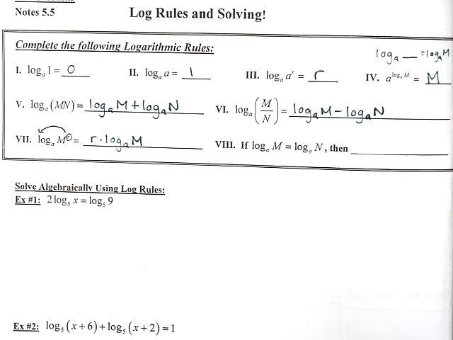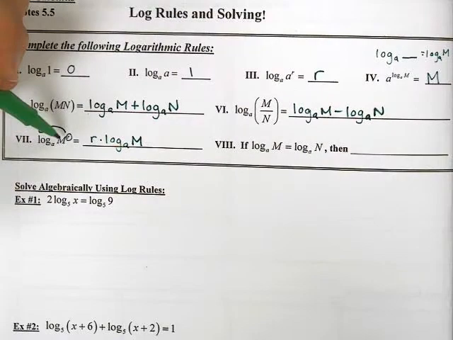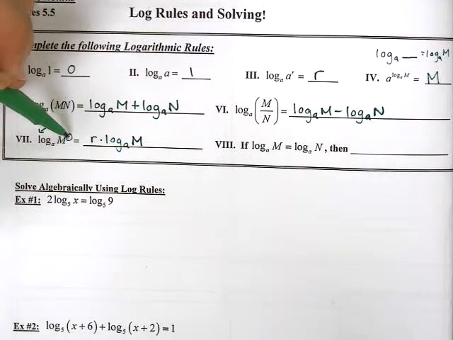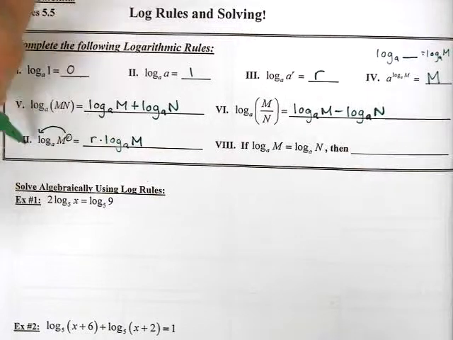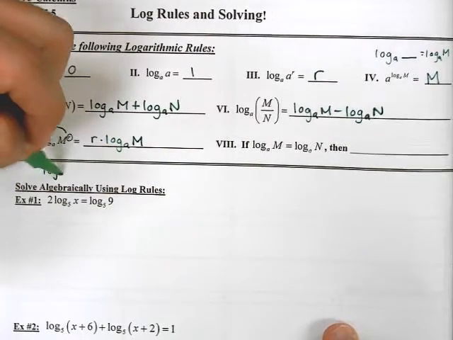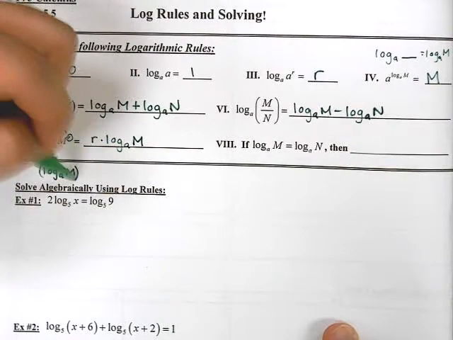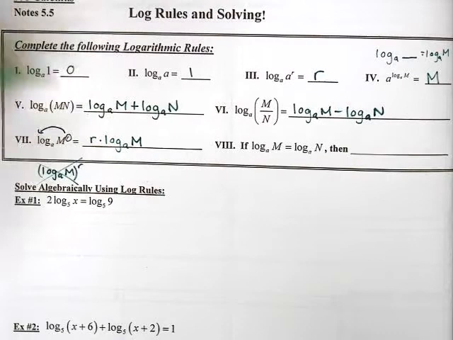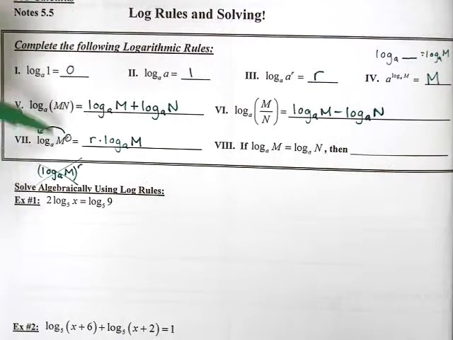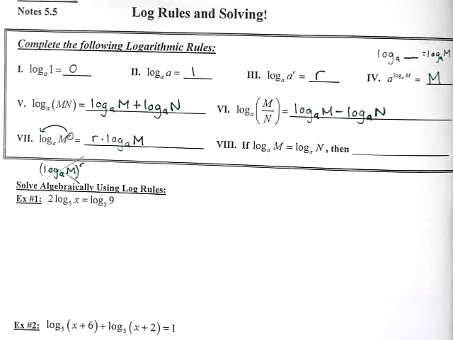Alright? Please make sure you understand that this r is the power of the argument, okay? It's not this. Alright, this is no good. If you saw this, these are not the same things. You have to understand that this r is actually the exponent of m.